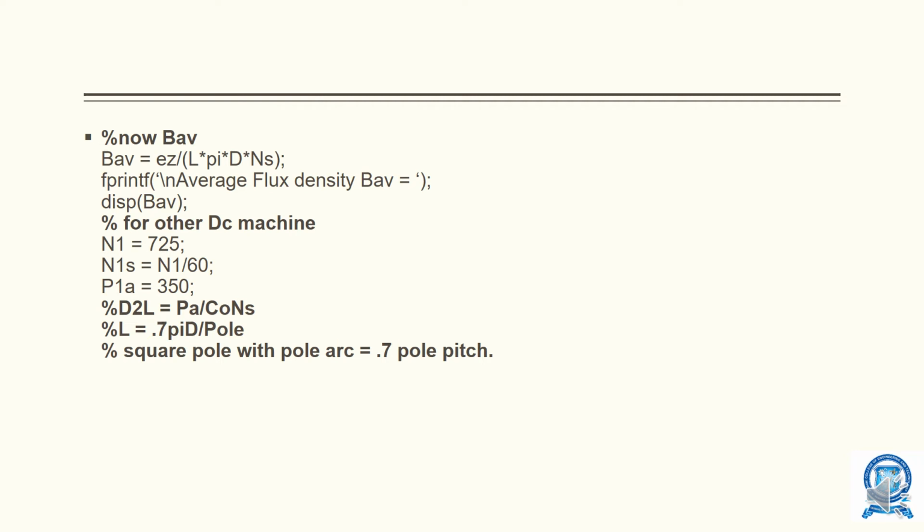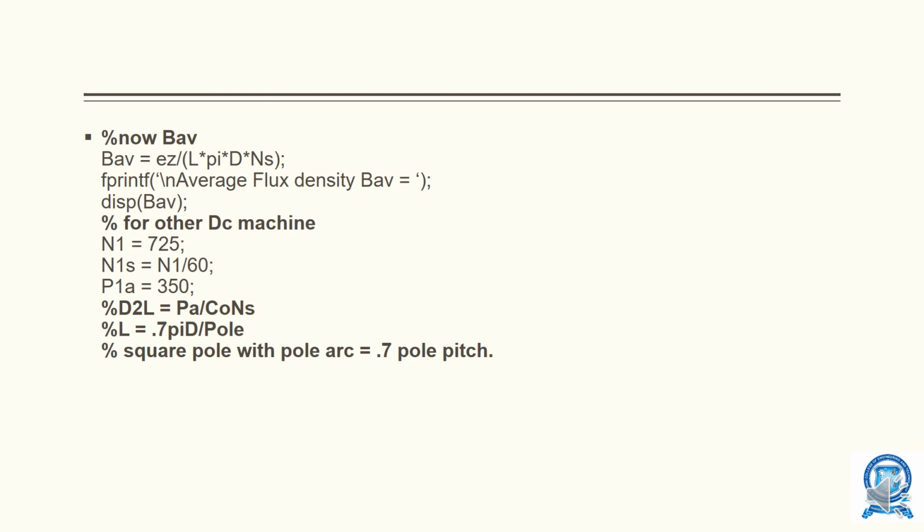Initially we took n, the old machine speed. Now for the new machine which we are going to design, the speed is represented in terms of n1. It is not necessary to mention it as n1 alone. You can choose your own notation, n2 or n3, like that.